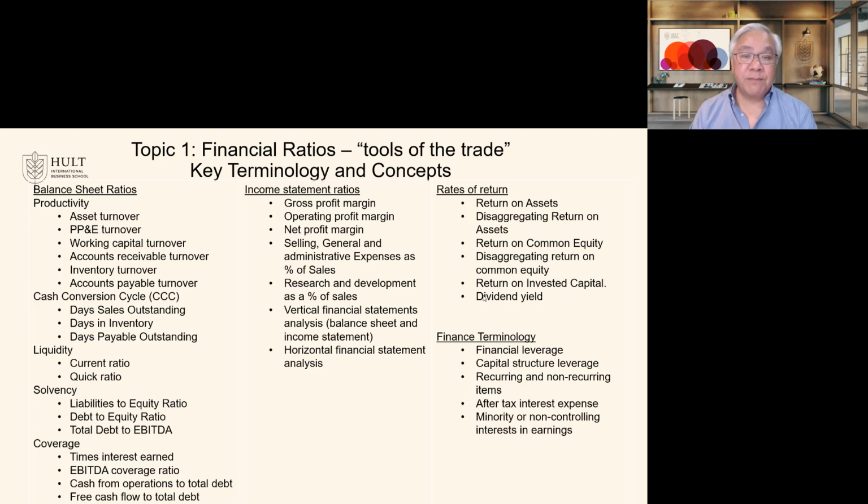These 5 categories comprise the ratios that primarily probe the balance sheet. The next set in the middle are the income statement ratios. These are the different margins. As we work down the income statement from revenues coming down, the first stop is gross profit margin. Next stop down is operating profit margin. Third stop down, bottom line, is net profit margin.